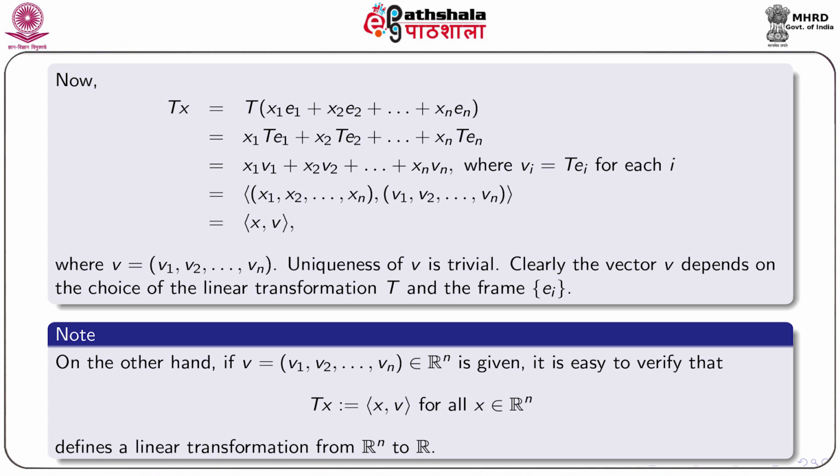So, the uniqueness of V is trivial. Clearly, the vector V depends on the choice of the linear transformation T and the frame Ei. On the other hand, if we are given any vector V equal to (V1, V2, ..., Vn) in Rn, it is easy to verify that Tx defined by inner product of x and V, obviously a scalar field defined on Rn, is a linear transformation from Rn to R.